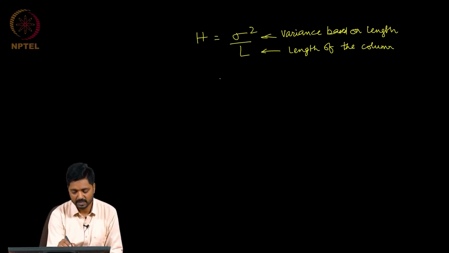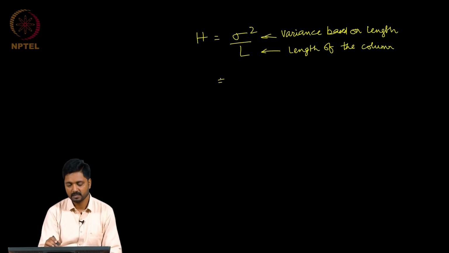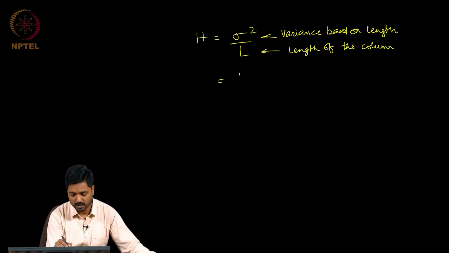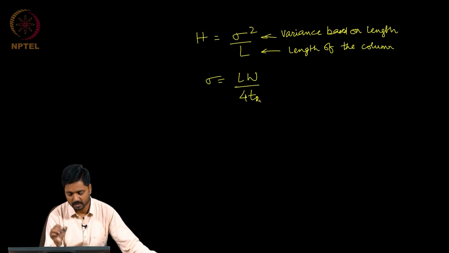Now, we already saw that the sigma square value was LW by 4TR.